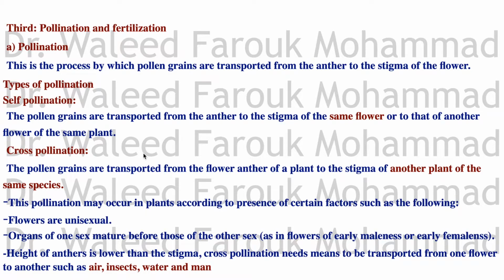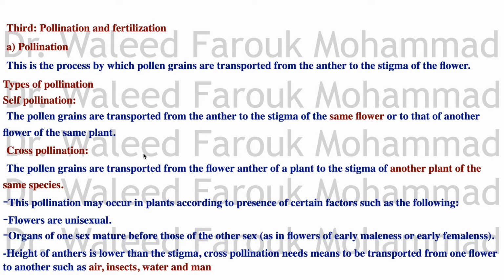Or maybe the organs of one sex mature before those of the other sex, so the plant is unable to perform self-pollination as well. Or maybe because the height of the anthers is lower than the stigma, so it will be difficult to be pollinated on the same flower.